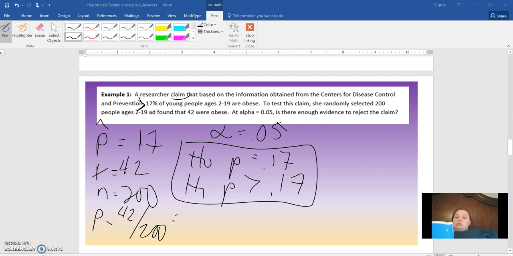All right, when we go to stat, test, number 5. All right, and so we're just going to type in what they gave us. They said it was 0.17, and then x was 42, and then n was 200, and we're going to go to the right.